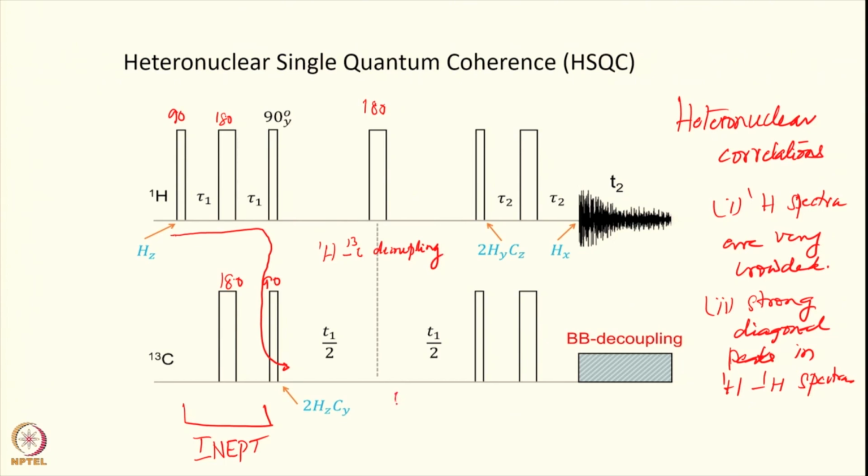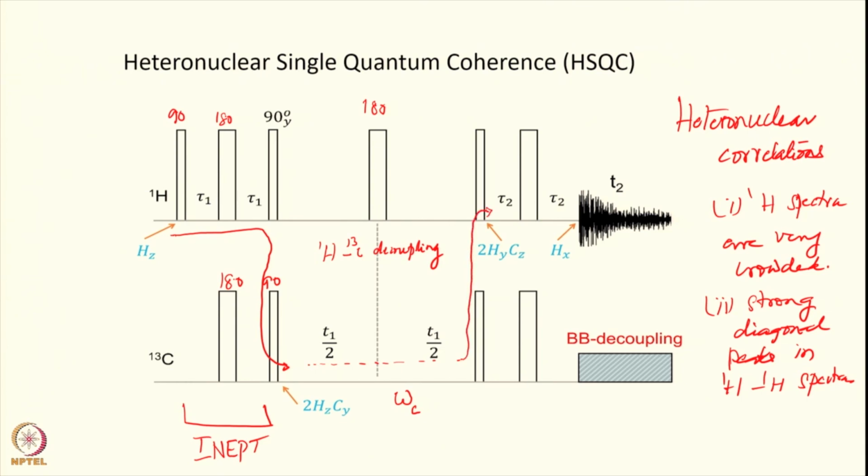Let us say I will have it as omega C. Carbon frequencies are present, whatever carbon is attached to the proton, from whichever proton the magnetization is coming to the particular carbon, and that is what is evolving with the frequency of carbon. So this will continue like this, carbon magnetization evolves, then it is transferred back to the proton.